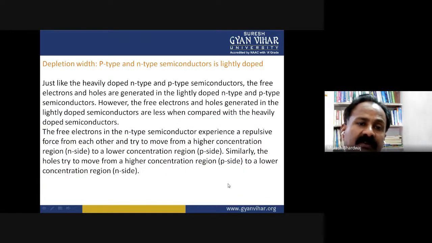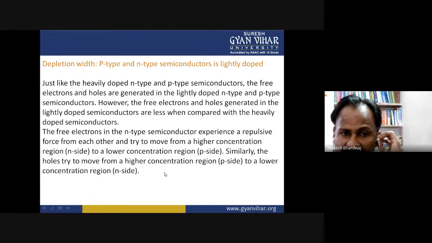Depletion width, P-type and N-type semiconductor lightly doped. Now, if we do the doping level so light, just like the heavily doped N-type and P-type semiconductor, the free electrons and holes are generated in lightly doped PN type.